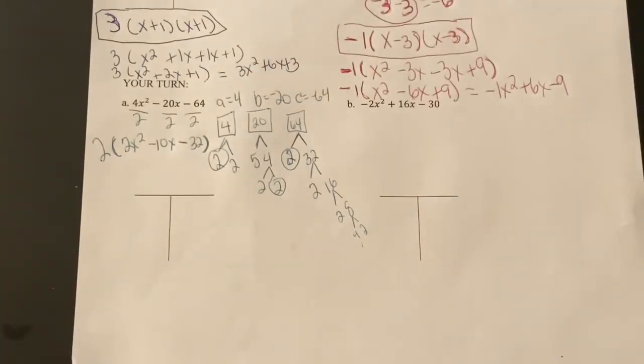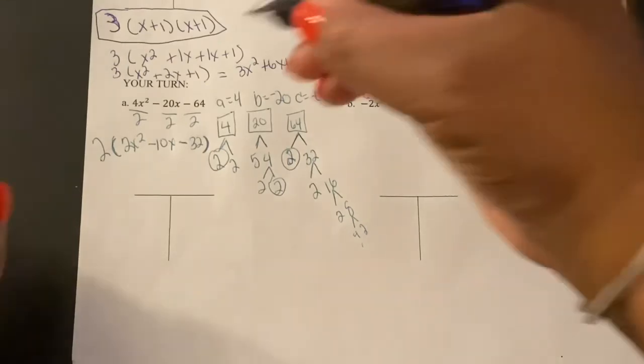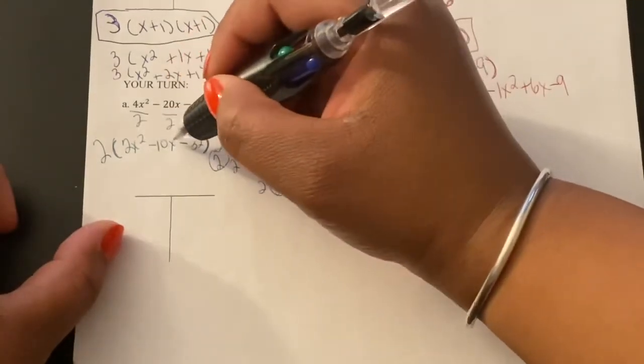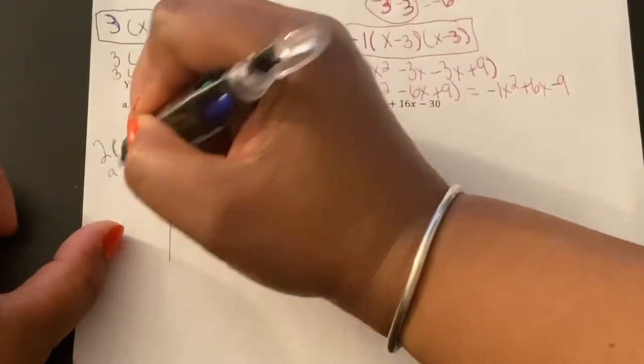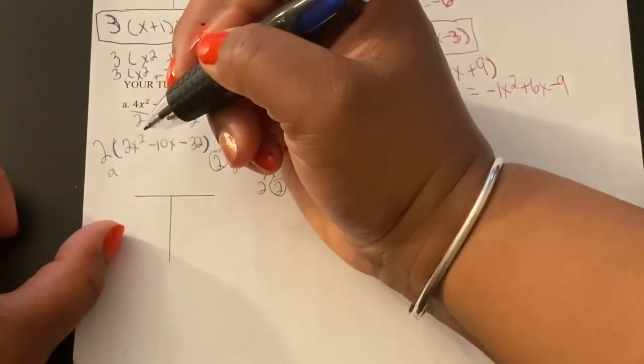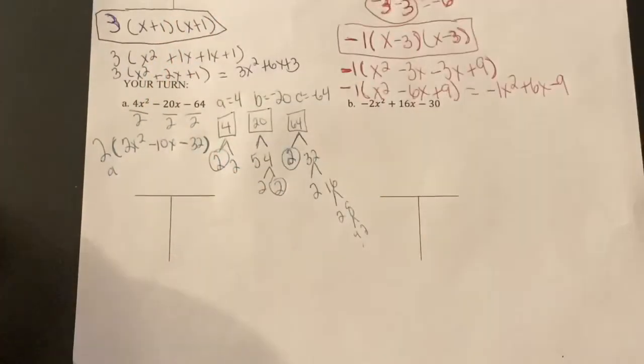All right, now I have a new trinomial: 2x squared minus 10x minus 32. Oh, I did that totally wrong. It's going to be 4. 4 and 1. Everything but 4.